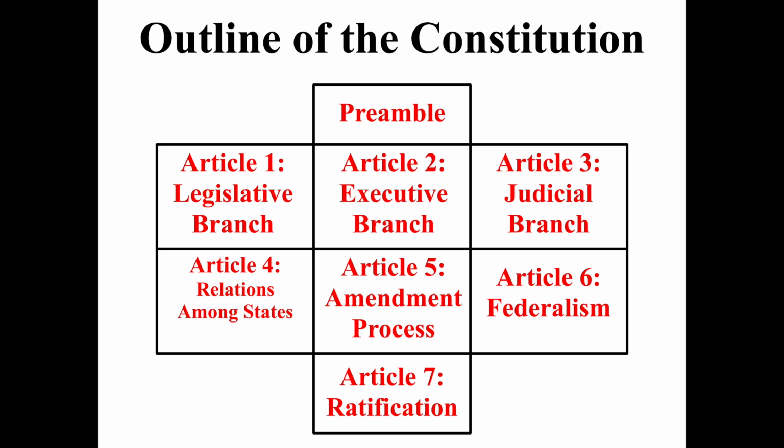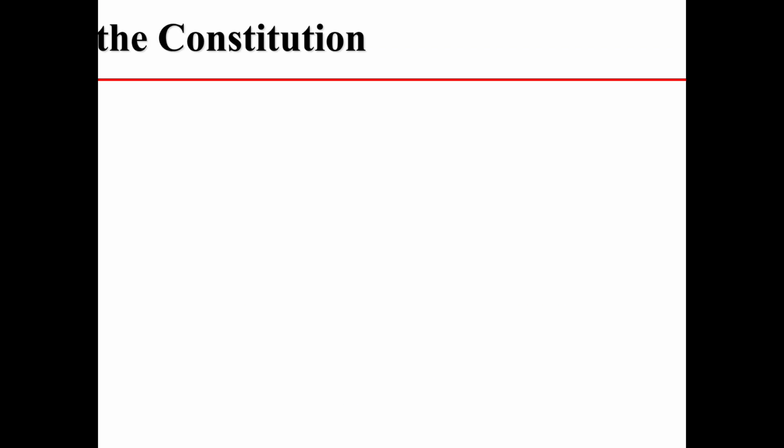Today we're just going to go up through the preamble, and then we'll break down each article thereafter. We'll probably combine a couple of them along the way, because some of them are shorter and don't deal with as many important things as far as what we're concerned with. But we really want to hit Article 1, 2, and 3 pretty hard. But that's the basic structure of it.